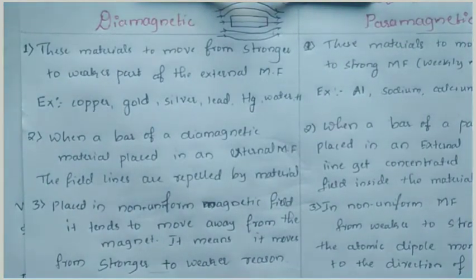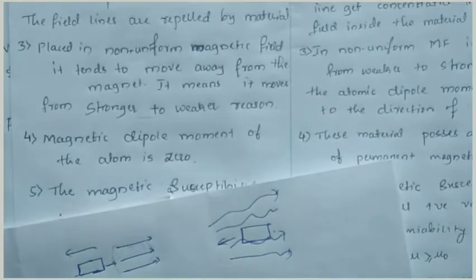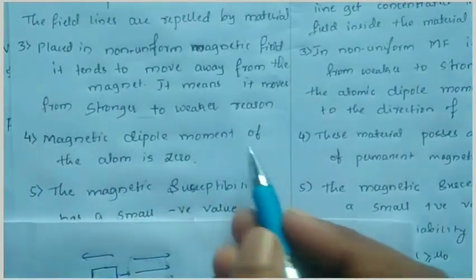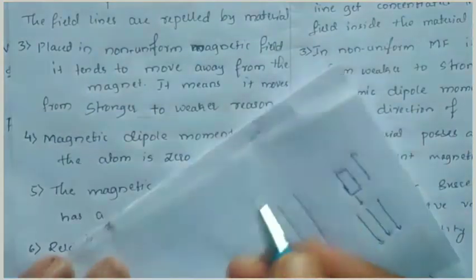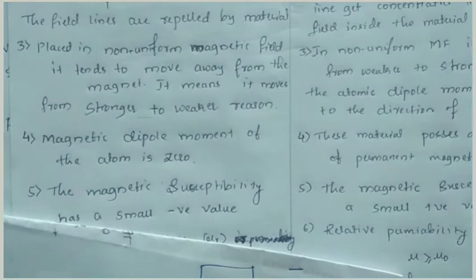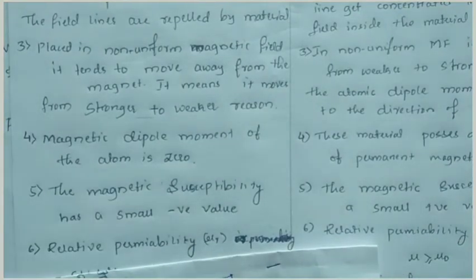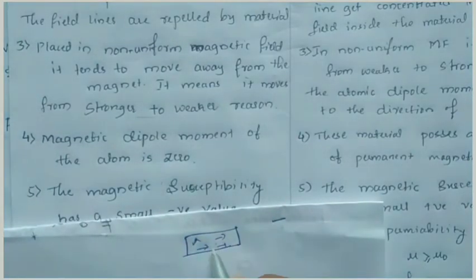The magnetic dipole moment of the atoms is 0. In diamagnetic materials, the magnetic dipole moment of the atoms will be 0, so the atoms should not move.